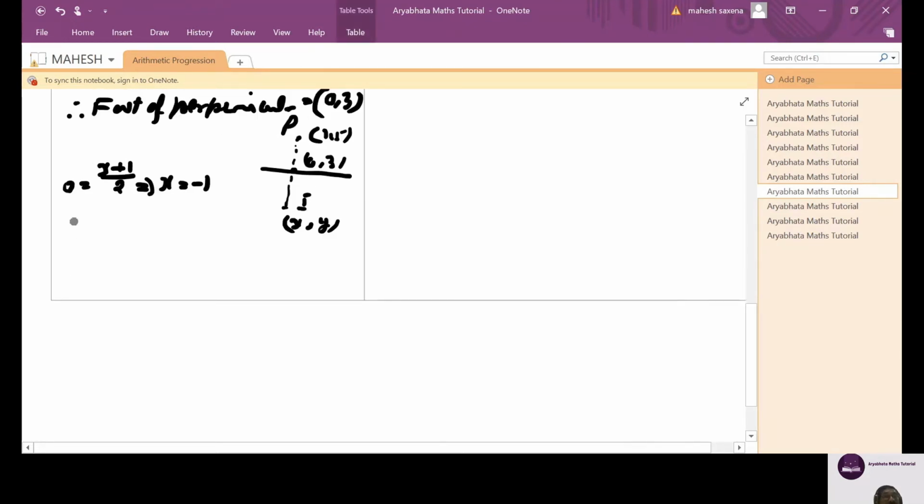Similarly, 3 is equal to y plus 5 upon 2, which implies that y is equal to 1. Therefore, the coordinates of the image are minus 1, 1.